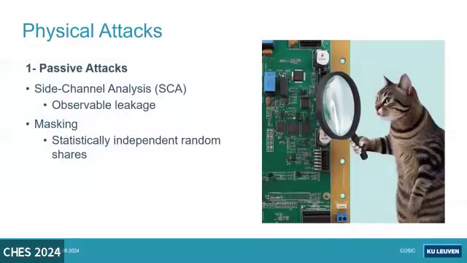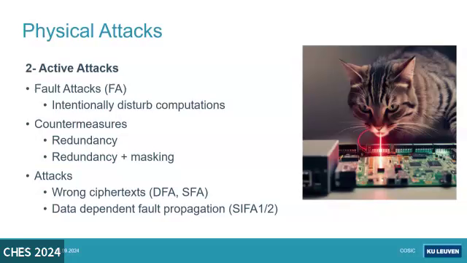This is a countermeasure against physical attacks, side channel and fault attacks, but this is already covered by many talks today, so I will skip at least this slide. I will spend a tiny bit of time on fault attacks, but only the last part. I want to categorize the fault attacks into two: the ones that exploit wrong ciphertext and the ones that exploit data-dependent fault propagation. The most common countermeasures are redundancy and its combination with masking.